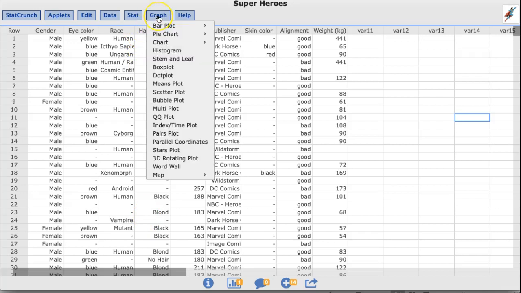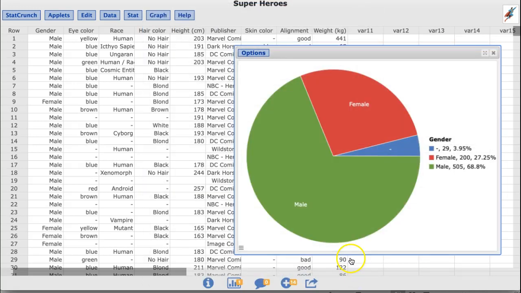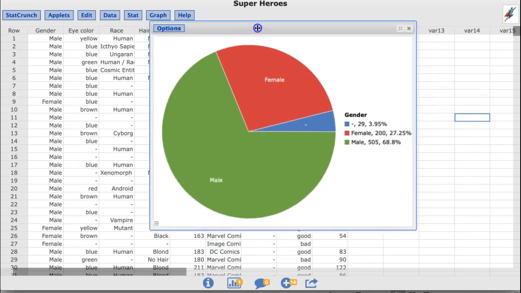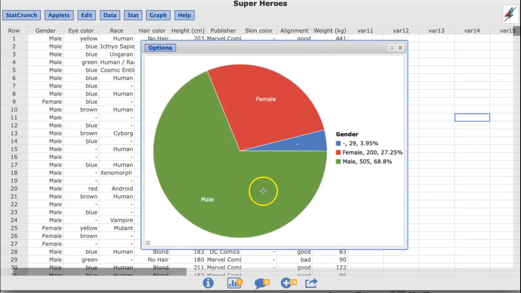And I can even look at the graph. Let's do a pie chart with data, and let's look at gender. Let's look at the distribution of gender for this population. For the superheroes here, we have roughly 68.8% male, 27.25% female, and 3.95% just not categorized.